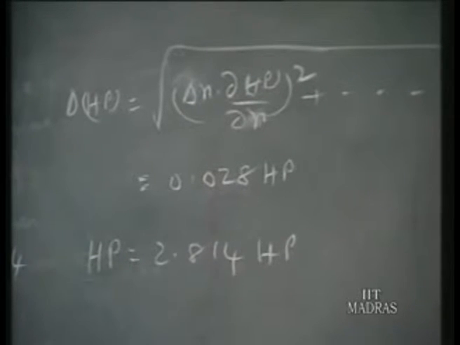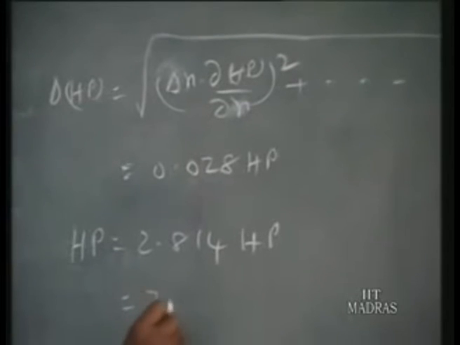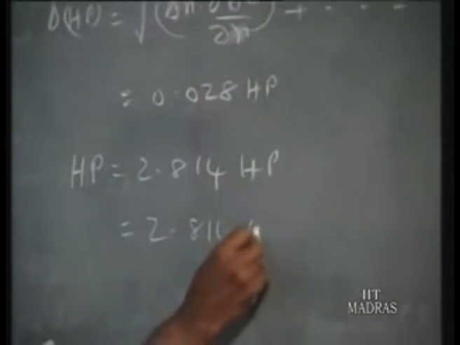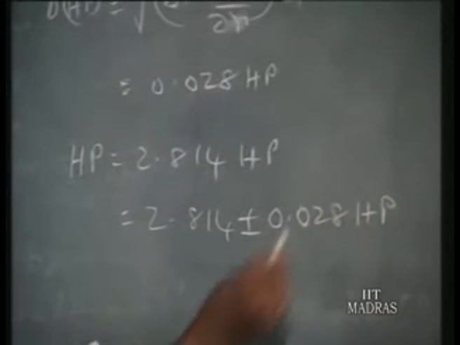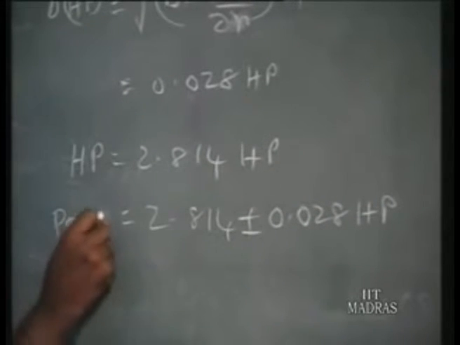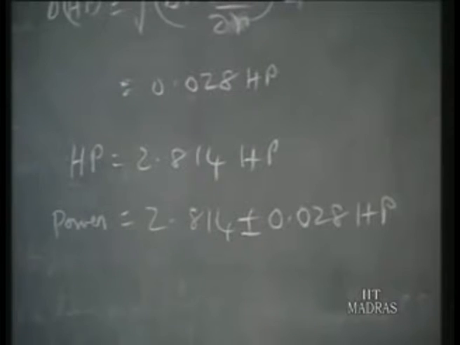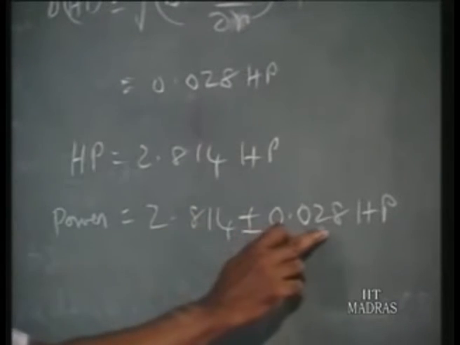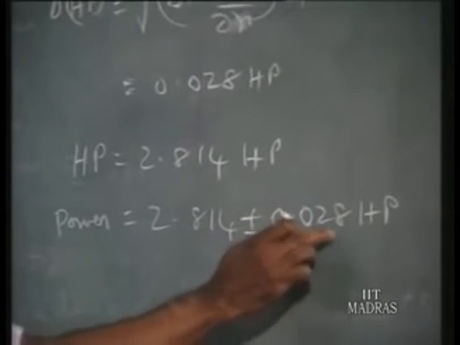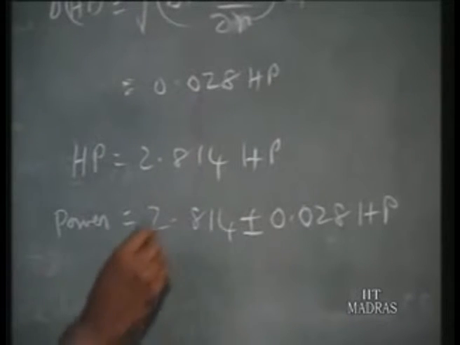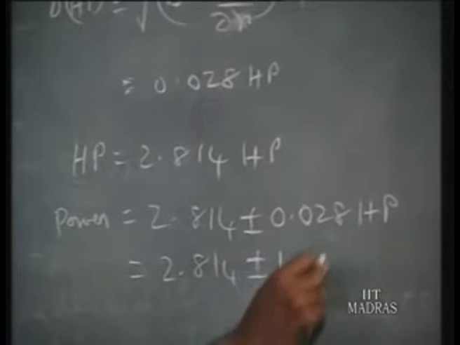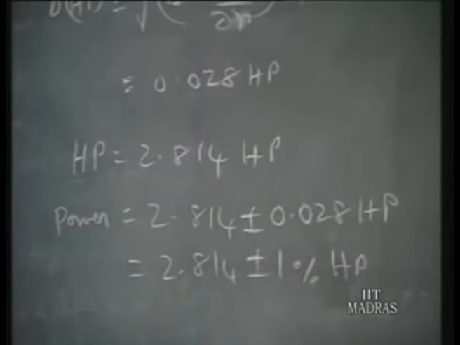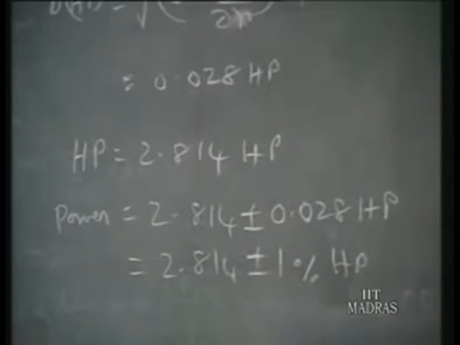With the uncertainty, we write it as 2.814 plus or minus 0.028 horsepower. Power developed is equal to 2.814. Now you will find the error is 1/100th of this nominal value, so we can also write plus or minus 1%. That is the error in the computed value of horsepower, making use of these instruments having different errors.